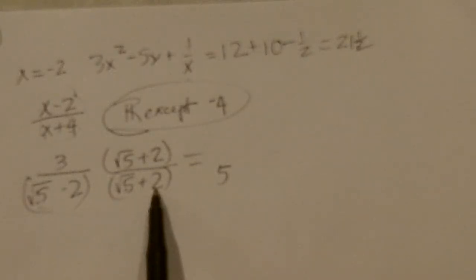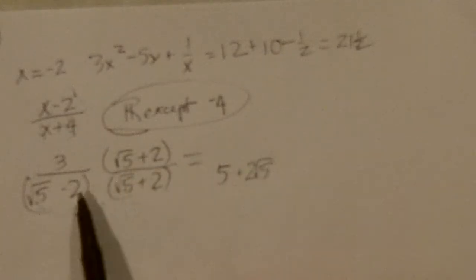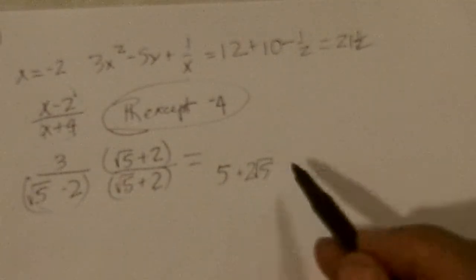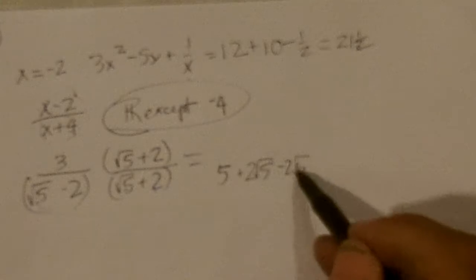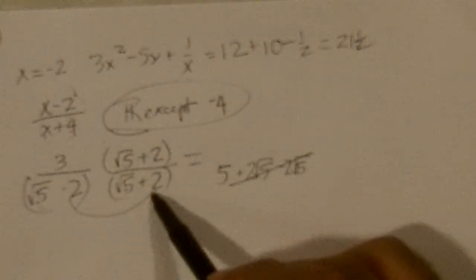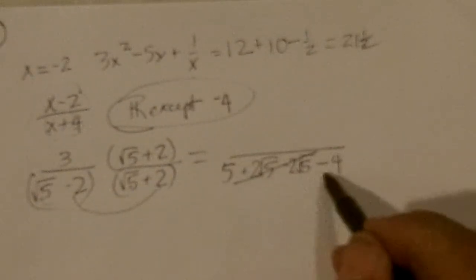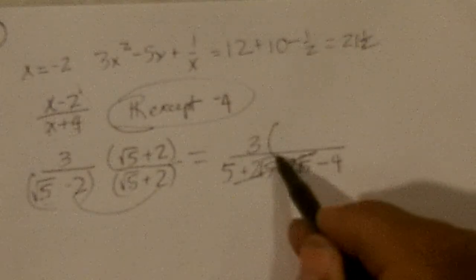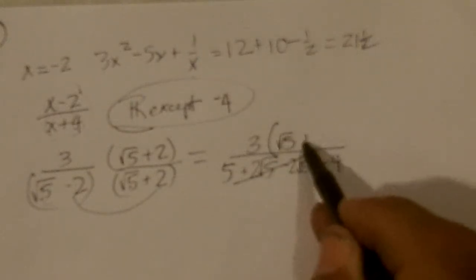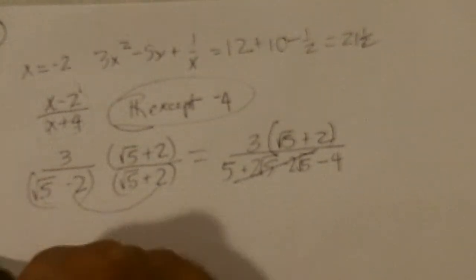Square root of 5 times 2 gives plus 2 square roots of 5, but this is going to make minus 2 square roots of 5, and so those cancel, so there are no square roots from them, and then minus 2 times plus 2 is minus 4. And that would get rid of the square roots in the denominator. So that's rationalizing the denominator. And then the next one's 8.